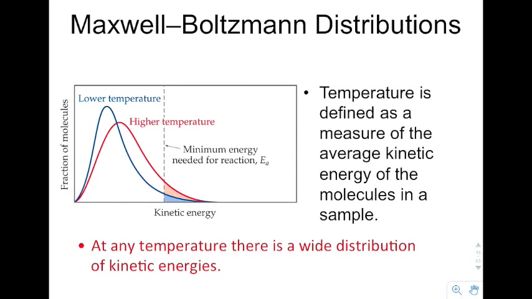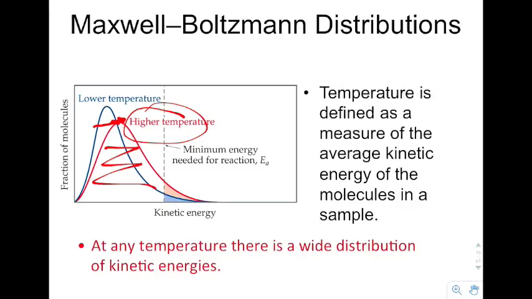So now we need to review the Maxwell-Boltzmann distribution. Remember, the Maxwell-Boltzmann distribution is generally used to talk about the number of molecules and how fast they are moving, and it's a statistical distribution. So whenever you see this, as you increase the temperature, you decrease the number of molecules that have kinetic energy because you're stretching this out.